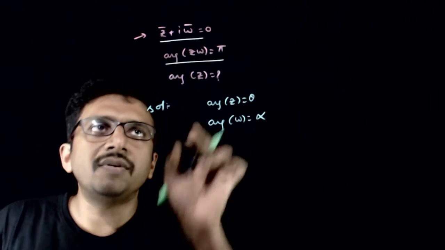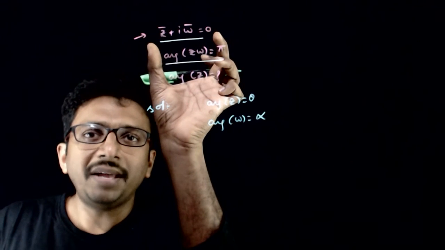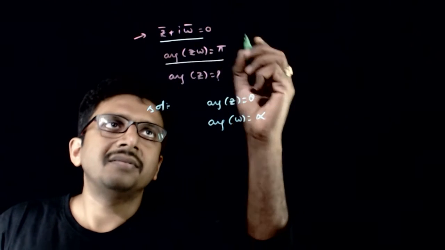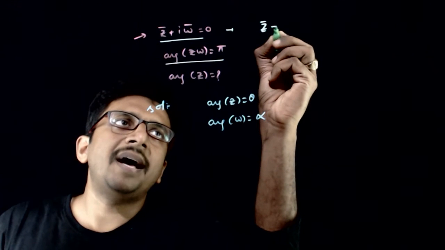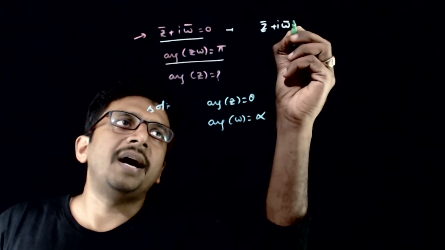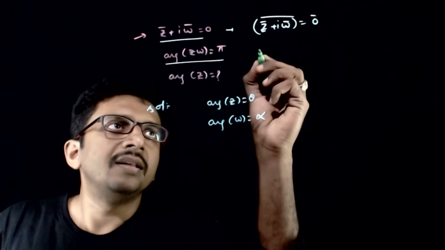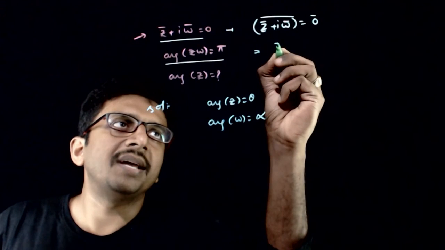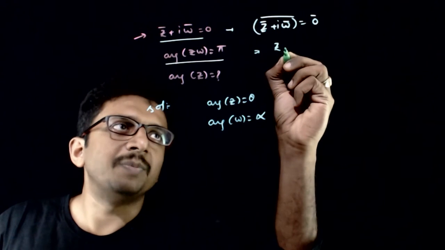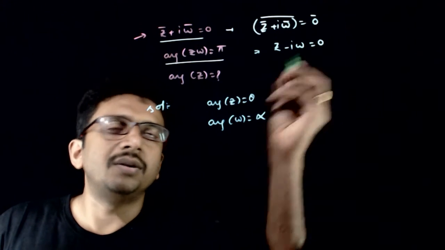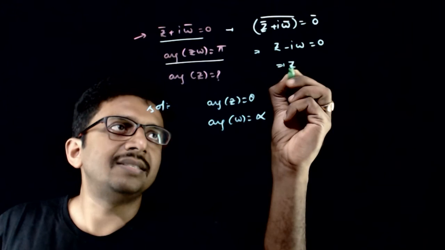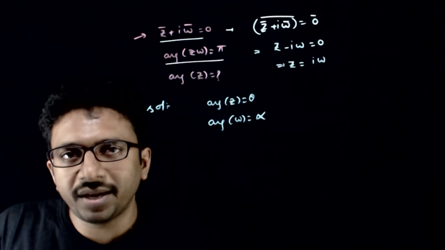Now according to the first equation, if you apply bar again, you have (z bar plus i omega bar) whole bar is equal to 0 bar. This implies z bar whole bar is z, i bar is minus i, omega is equal to 0. So this implies z is equal to i omega.